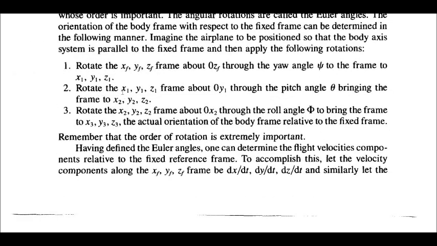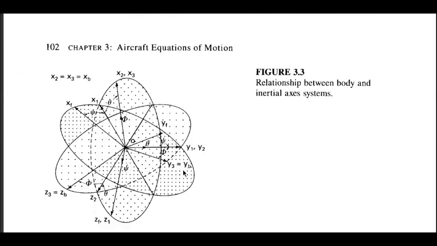The second one, we rotate the X1, Y1, and Z1 frame about the Y1 axis. So this is X1, and this is YF, this is Y1. Rotate about this by the angle of theta. Then you pitch up. First you yaw, and then you pitch.